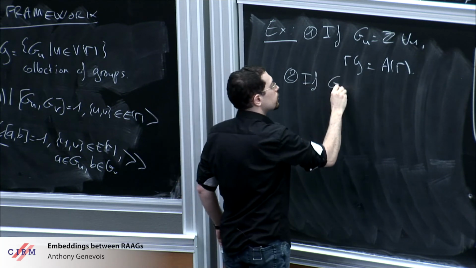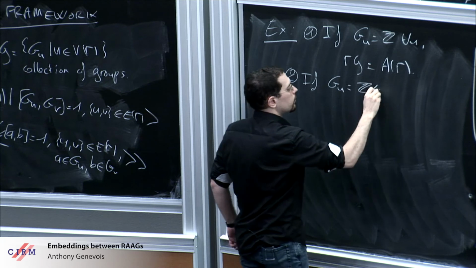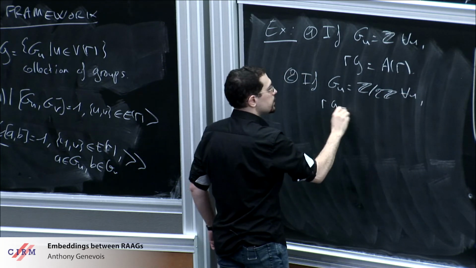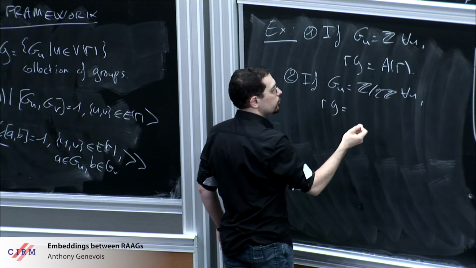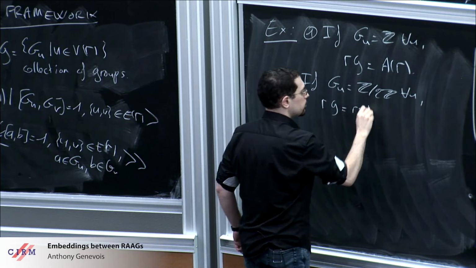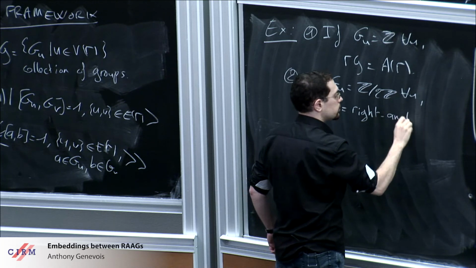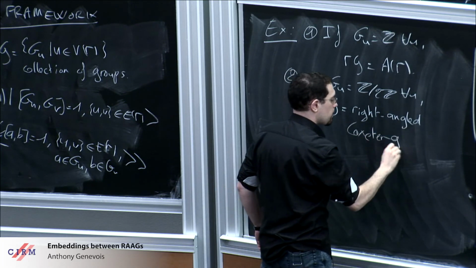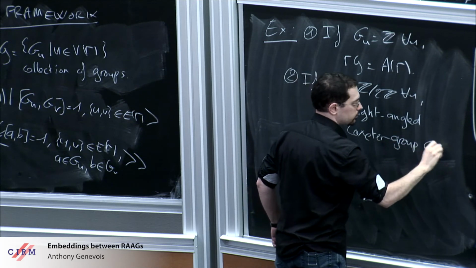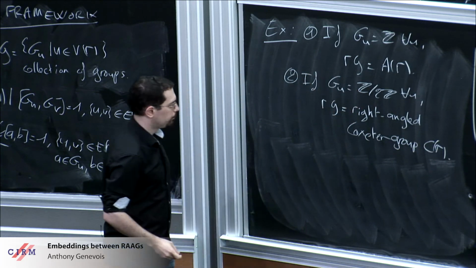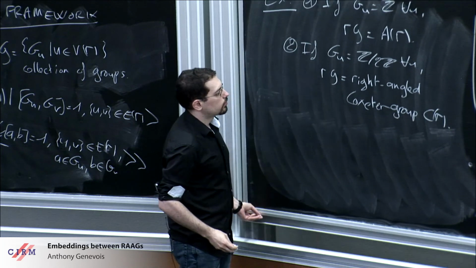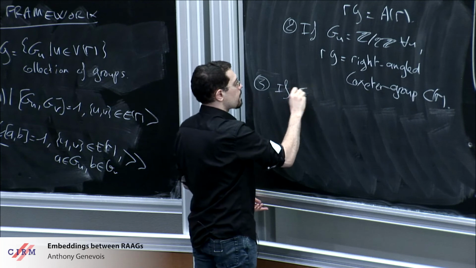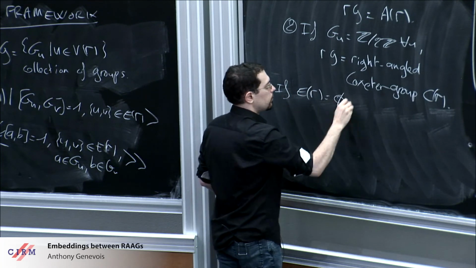If GU is Z mod 2 for every U, then gamma G is a so-called right-angled Coxeter group.